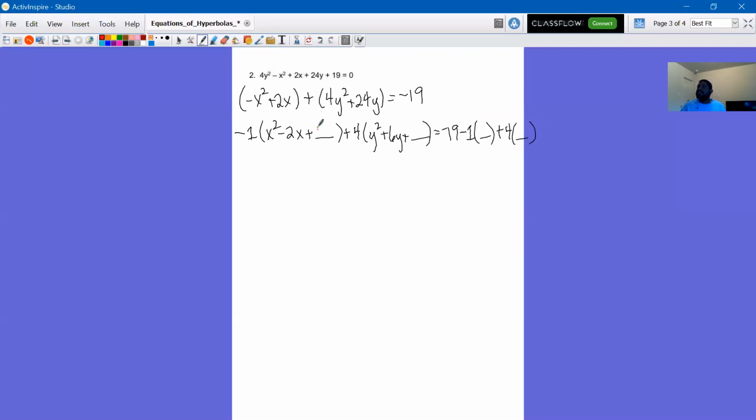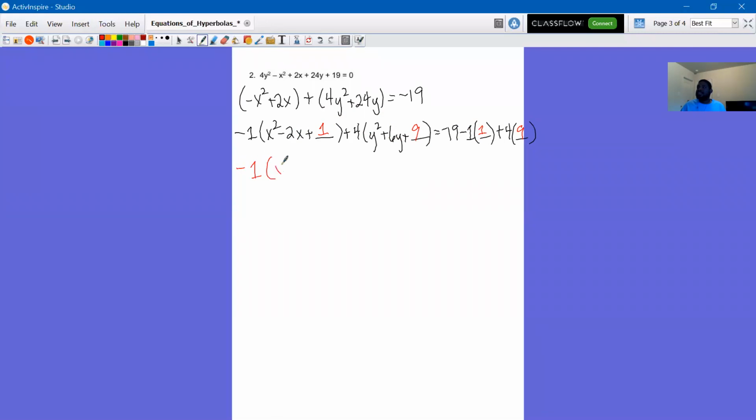And we're going to complete the square. Take half of -2, which is -1, and then square, that's +1. Take half of 6, which is 3, squared is 9. Goes in. Then we're going to go ahead and simplify and factor.